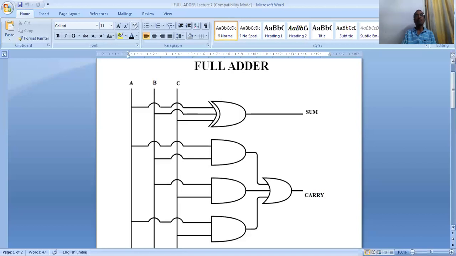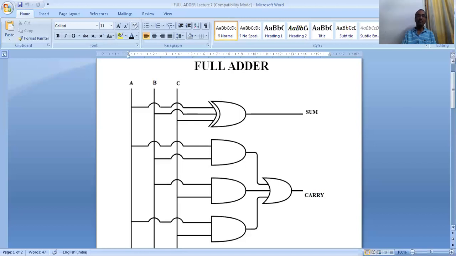Okay? First AND gate AB, second AND gate BC, third AND gate CA.